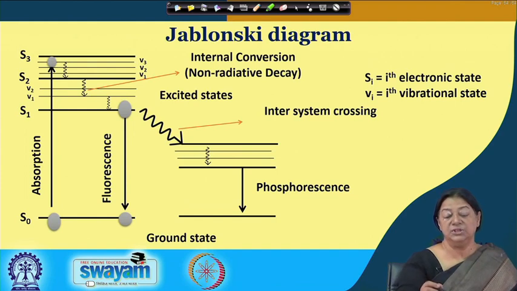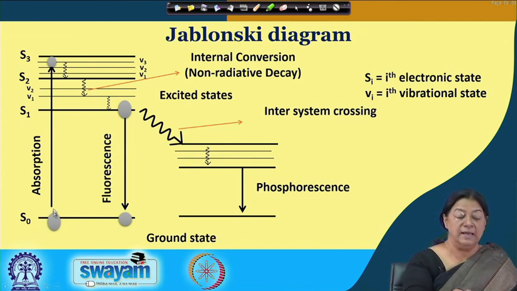Now, the Jablonski diagram gives us a whole picture of what can actually happen. Light is absorbed. These different levels given in the dark lines here are the electronic levels. Within the electronic levels, we have the vibrational levels. Now, we have different spectroscopy related to UV, to visible, to vibrational spectroscopy, which is something that you will study later on.